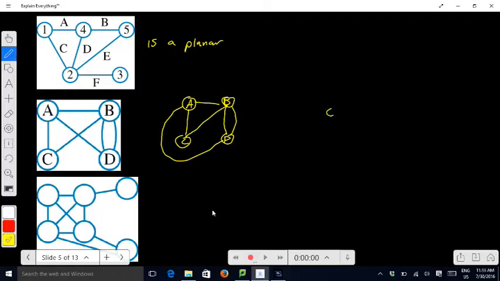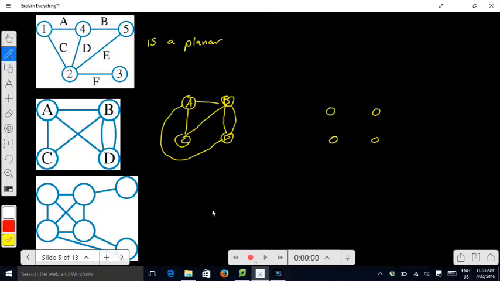So we've got the 6 vertices. This one's connecting there, that one's connecting there.